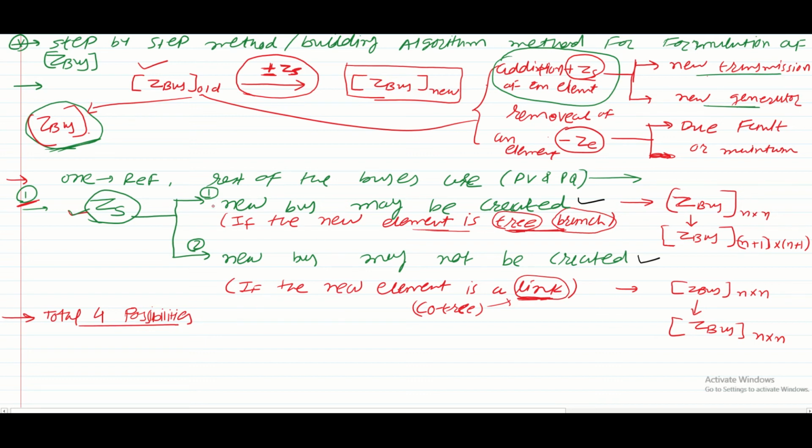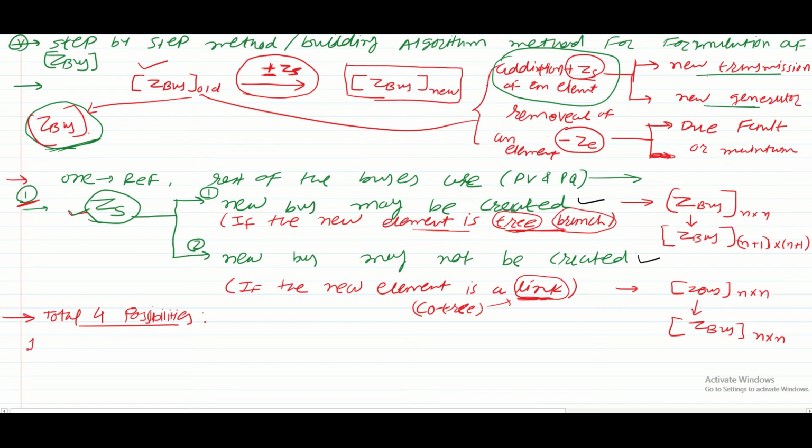Because each of these two categories is further divided into two categories. So let us discuss all four possibilities when the new element with the self impedance of ZS is added into the network or into the system.